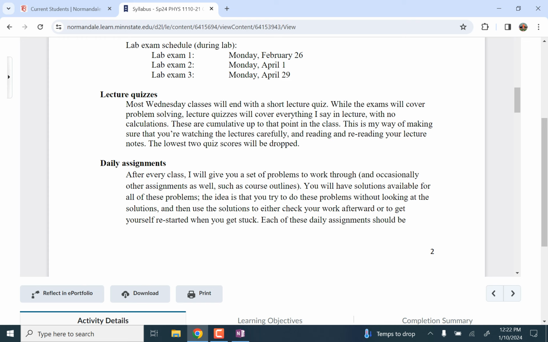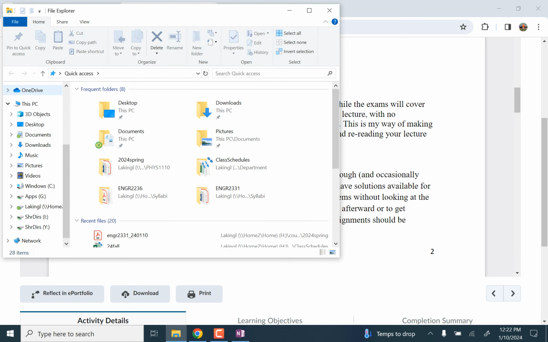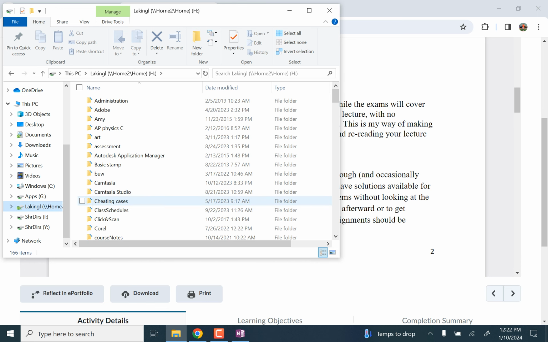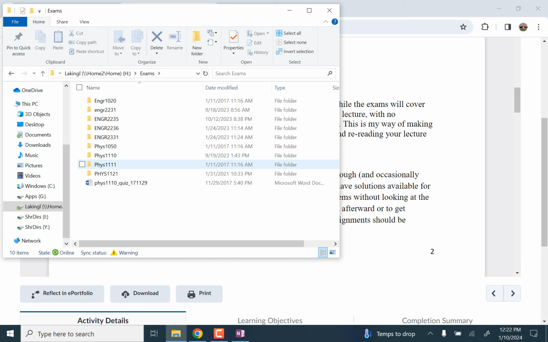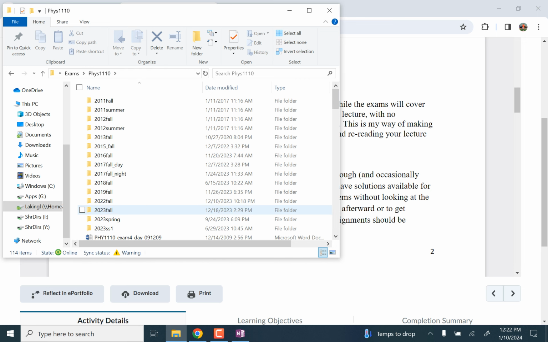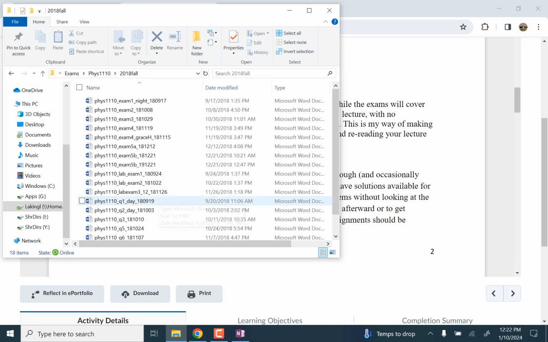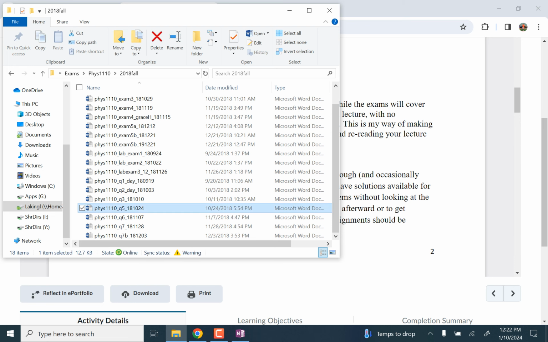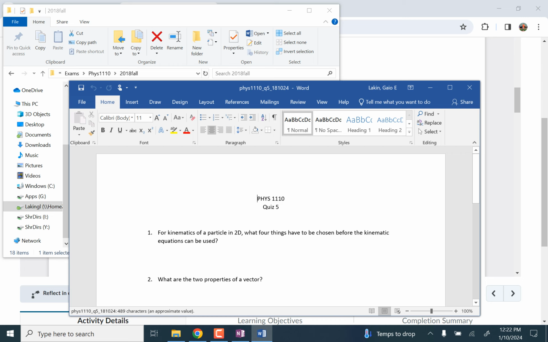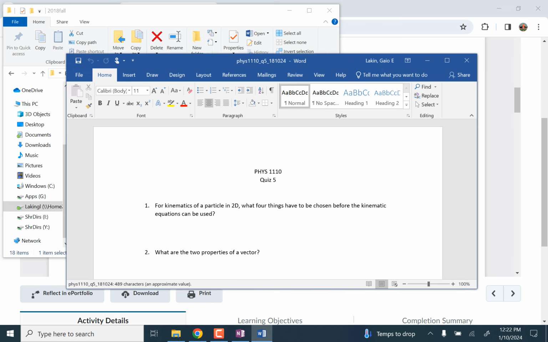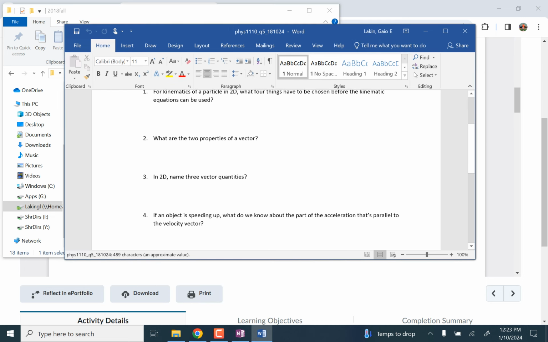Here, let's pull one up and I'll show you an example of what kind of questions these are. Okay, so for example, one of the questions could be, what are the two properties of a vector?